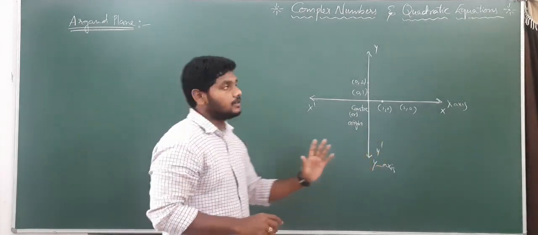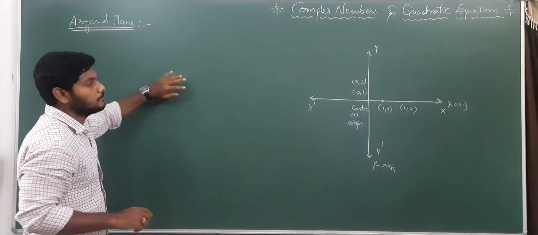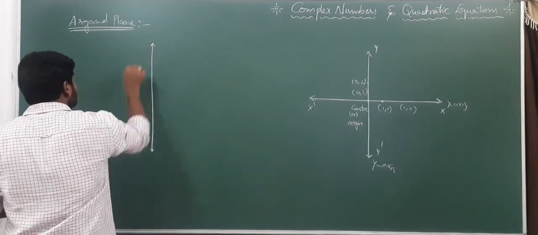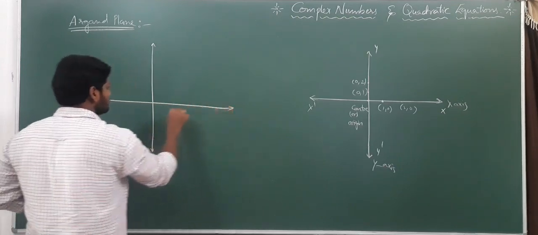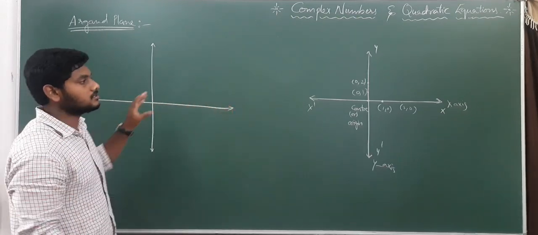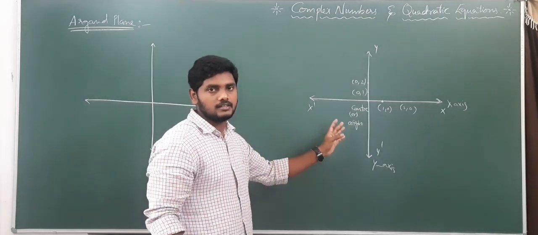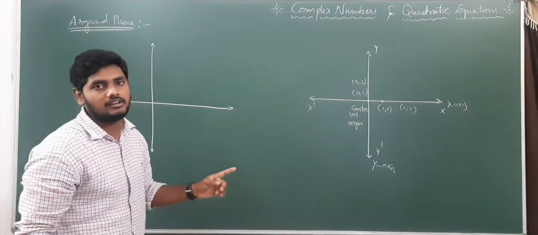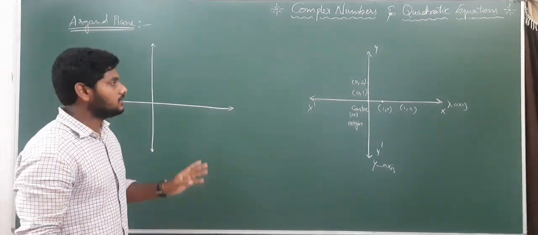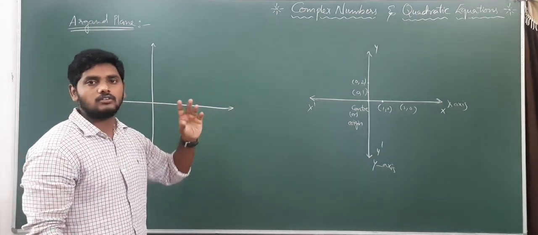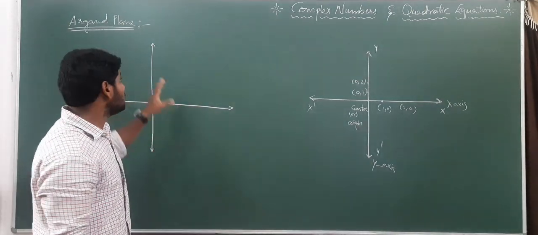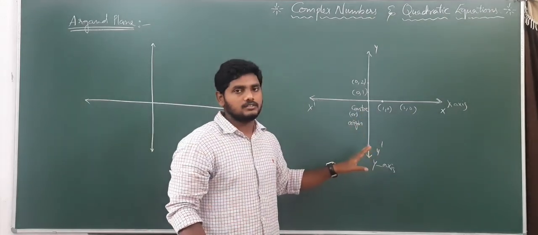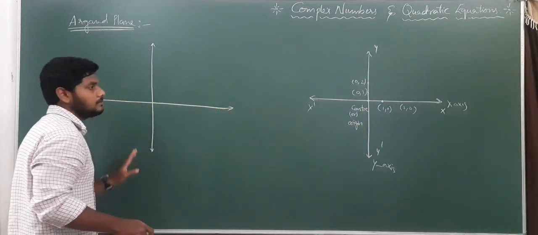Now when will we consider it as the Argand plane? If we implement complex numbers onto every point of the two-dimensional plane, then that plane will become the Argand plane.